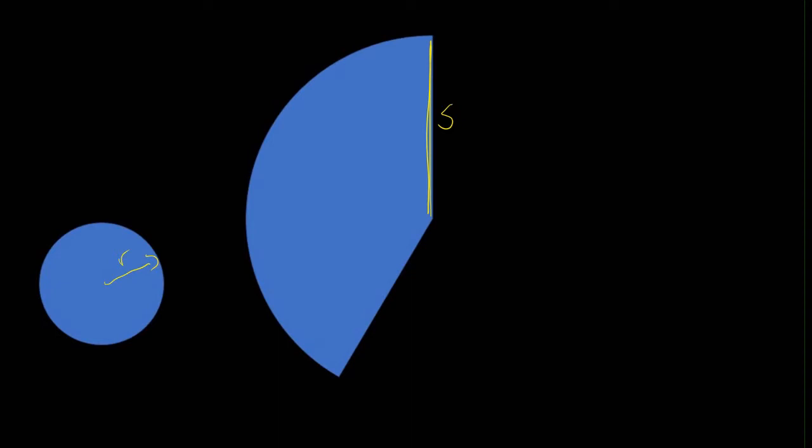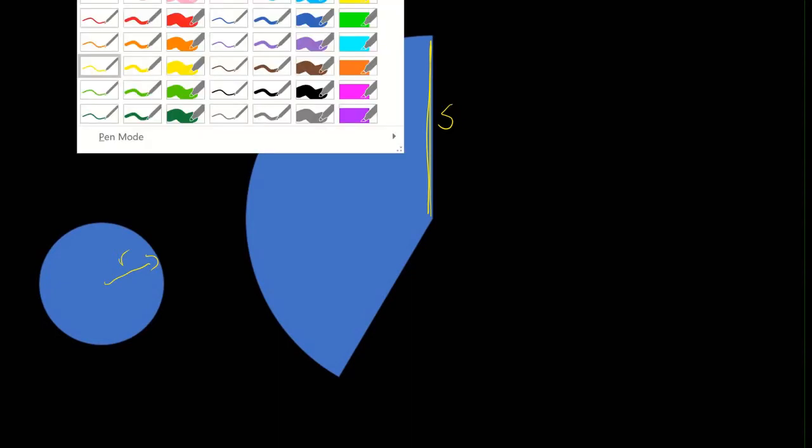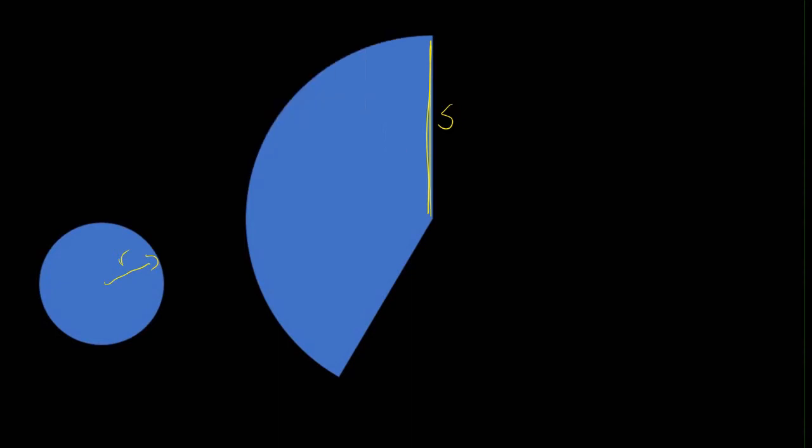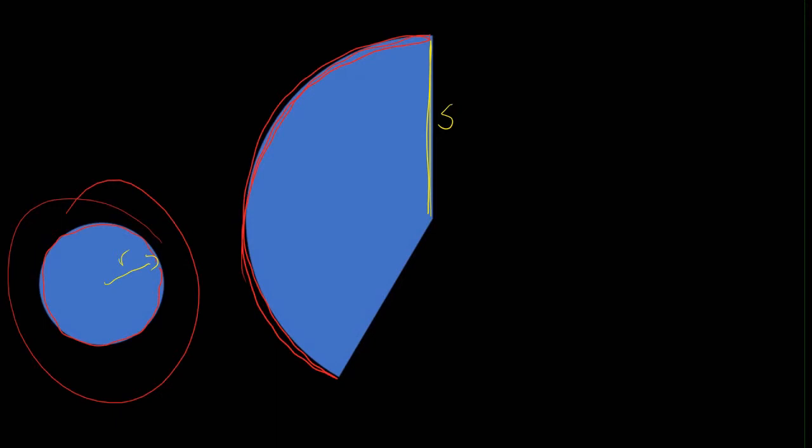So how can we work out the area here? This is nice and tricky. Okay, there's a circumference of this circle here. It happens to be the same distance as the arc length of this sector, because that curved bit of the sector has to wrap around the circle as it forms a cone.